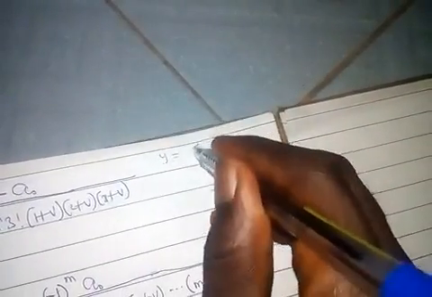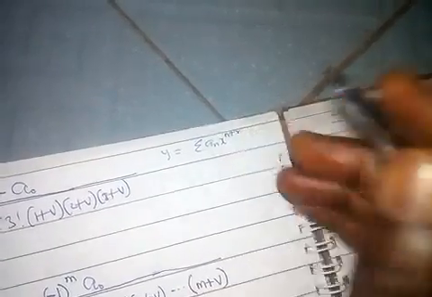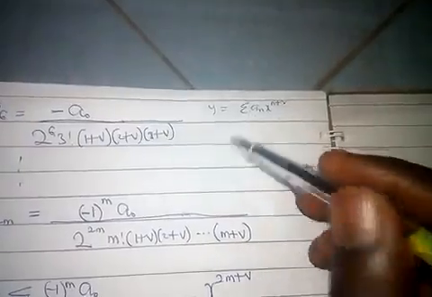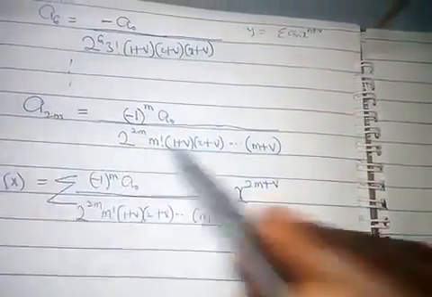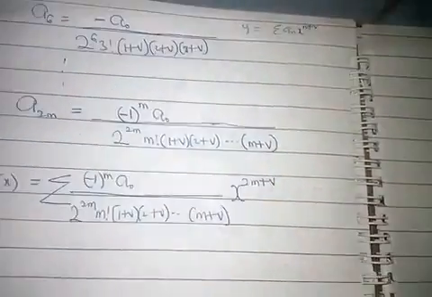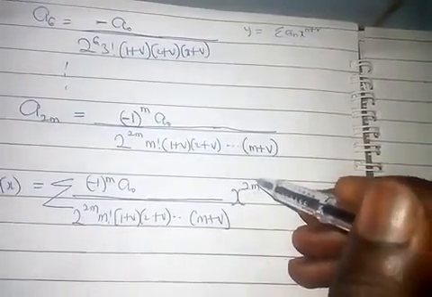Remember, y equals summation a n x to the n plus r, where your r is v. So this is what we expounded here. The general term of a is this, n is equal to 2n, and r is equal to v.